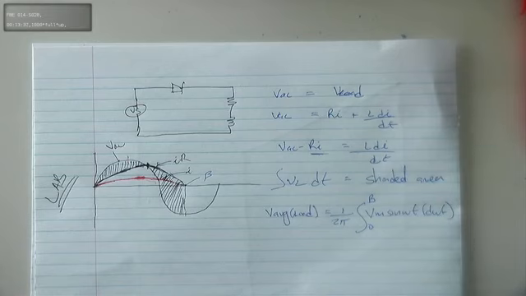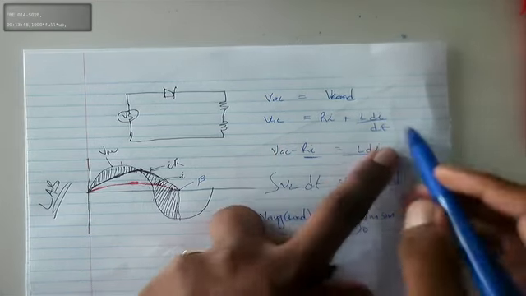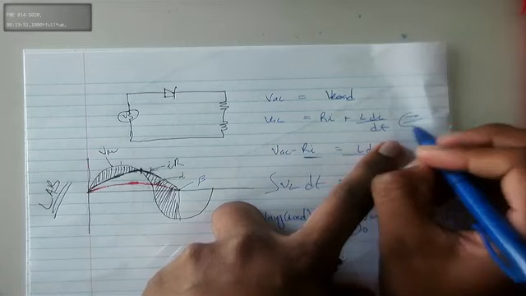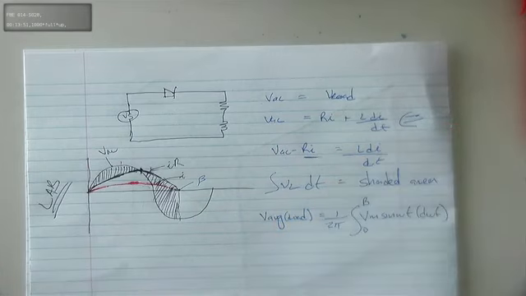So whenever you are looking at this circuit, the first thing that you need to write is this formula, because once you write this formula, you will understand the whole effect of this circuit. That Vs is equal to Ri, the current passing through the resistor, plus the current passing through the inductor.